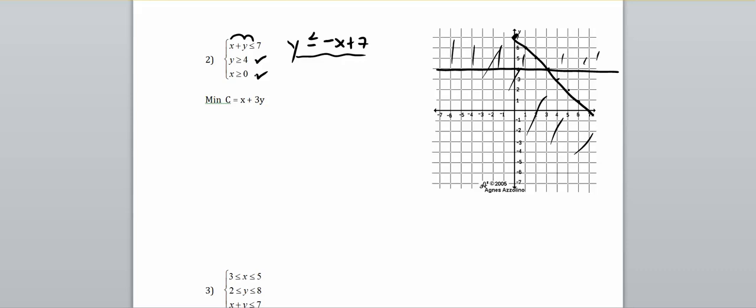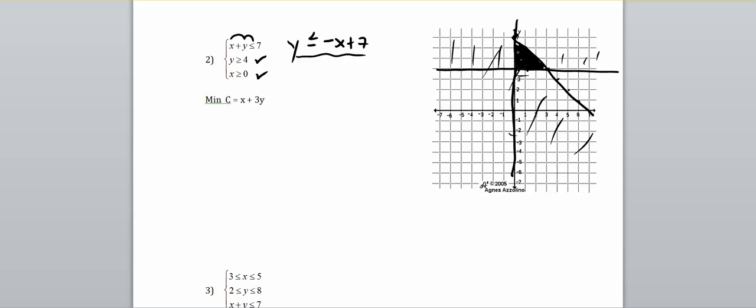X greater than or equal to 0 is going to be a vertical line. And if I'm greater than or equal to 0, I'm over here. So if I'm greater than or equal to 0, greater than or equal to 4, and less than or equal to this, it looks like I'm this triangular portion right here. So shade that in dark so I know what your solution area is.